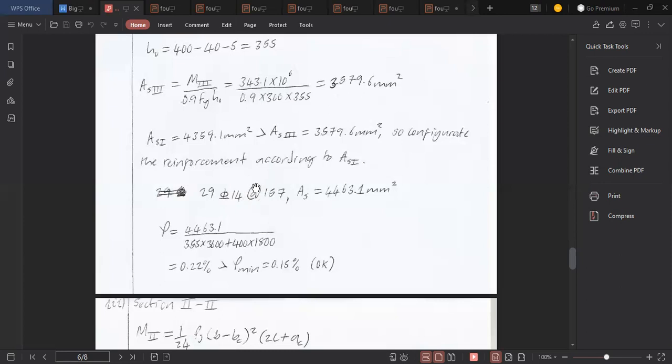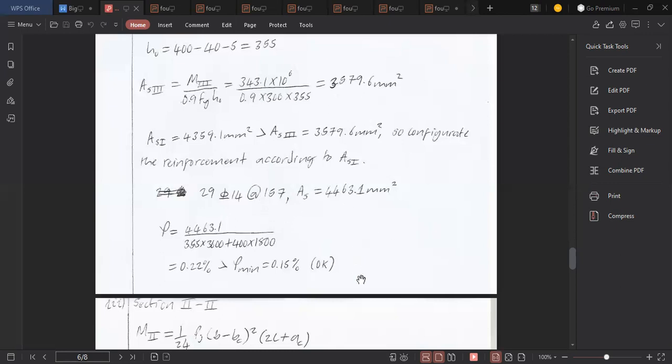Then this distance here is the spacing, which means the distance between the bars. After one bar, what's the distance to the next?